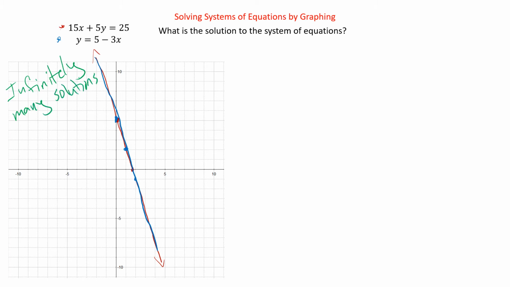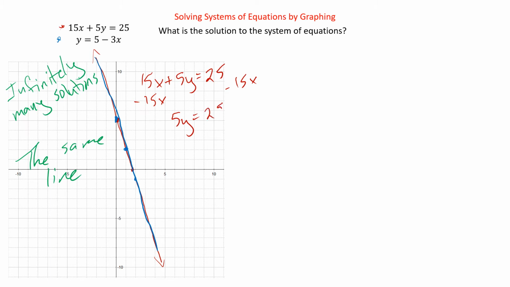And why is that? It's because they are the same line. How are they the same line? They look different. Oh, sure they do. But if we take that red equation, 15x plus 5y equals 25, and we put it into slope-intercept form, we can subtract 15x from both sides, so we get 5y equals 25 minus 15x.